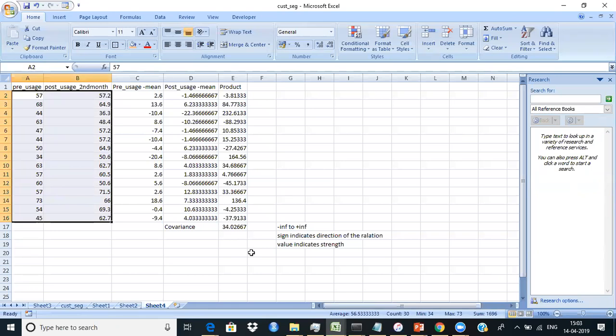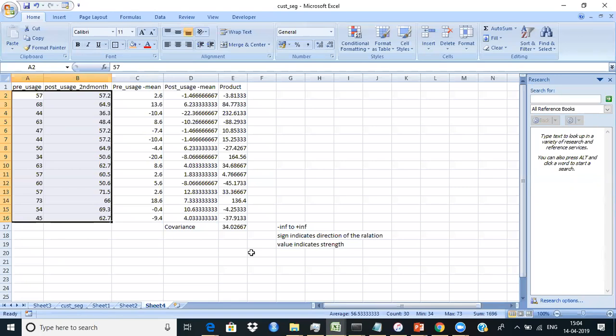But since it varies between minus infinity and plus infinity, this is a term which is very difficult to handle. We'll not be able to ever tell whether it is highly correlated or less correlated, because the upper bound is infinity. We'll never be able to tell if it's high or low.